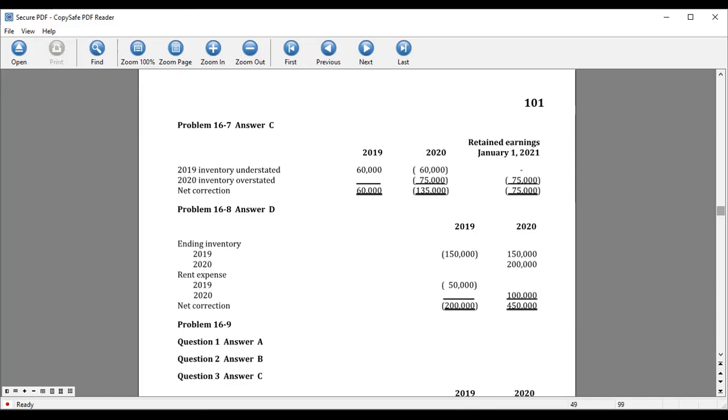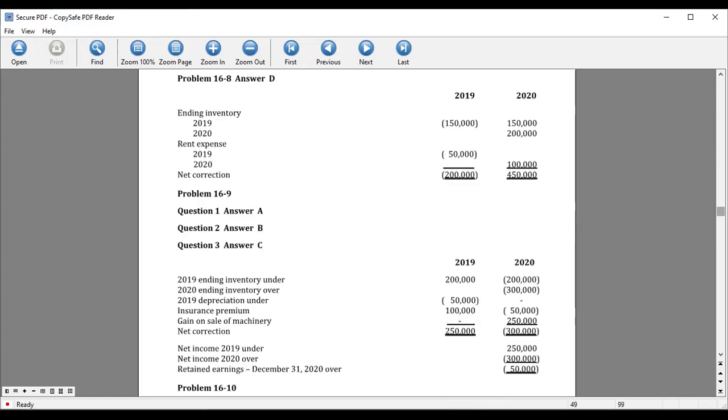Next, number 9. We have three questions in number 9. Number 1, what's the effect of the errors on the 2019 net income? Second, on the 2020 net income. And the third is on retained earnings. So we have now the 2019 ending inventory, as given, understated by 200,000.